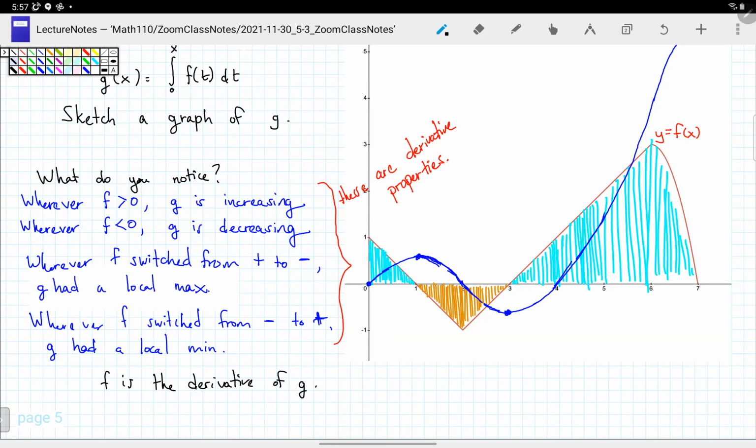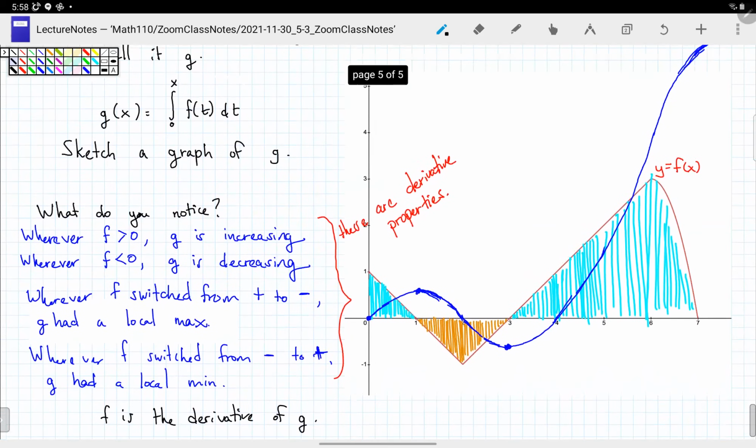Okay, so what this is saying is, if you start with a function f, and then you create this integral so far function, g, and the starting point of 0 is arbitrary. You can start at any point. You can start at t equals 1 or t equals 5 or whatever. But if you do this integral so far function, the statement is that the derivative of that function is the original function that you started with.